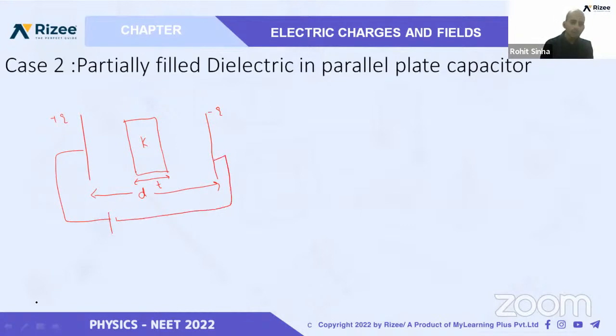Now what we have to do? We have to find the capacitance. First step, find V, and V is E into D.